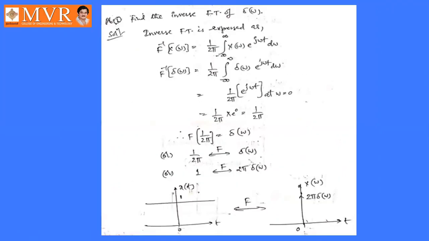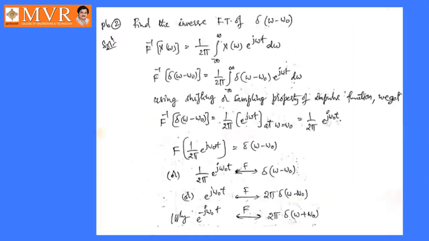After that, we have done some problems on inverse Fourier transform, inverse Fourier transform of X of omega, delta of omega. Here also we draw the magnitude spectrums, and we also find the Fourier transform of delta of omega minus omega naught.